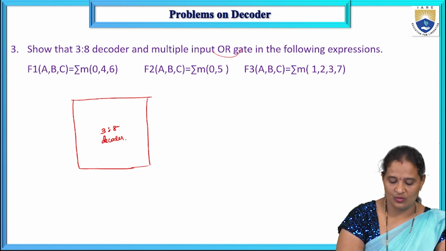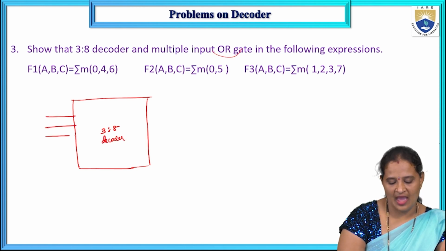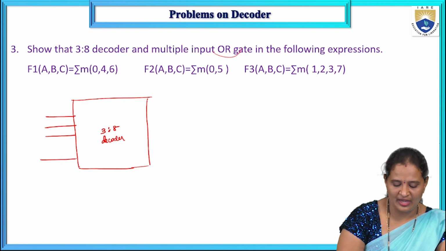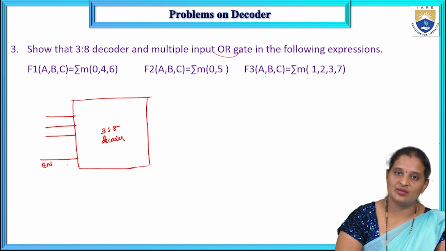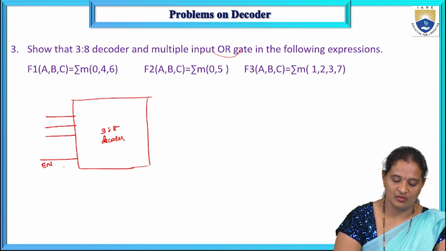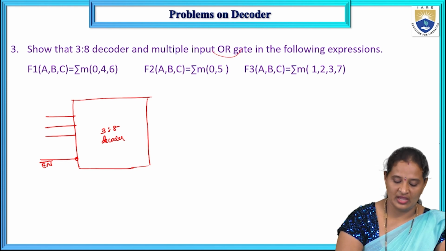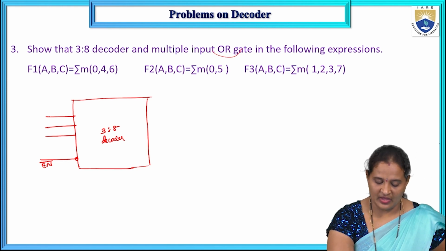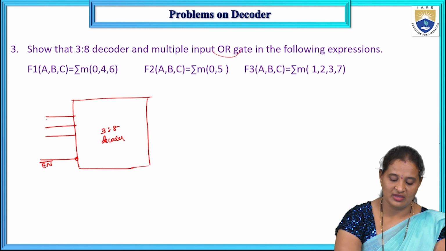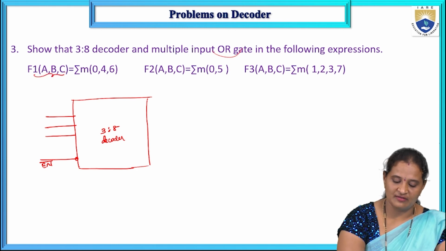3 to 8 decoder. So 3 inputs we have, and anyhow we'll have an enable input. The enable input may be either active high or active low. I'm taking this as active low, so enable bar you have to take. Let us consider the inputs. How many inputs do we have in the given function? 3 inputs.